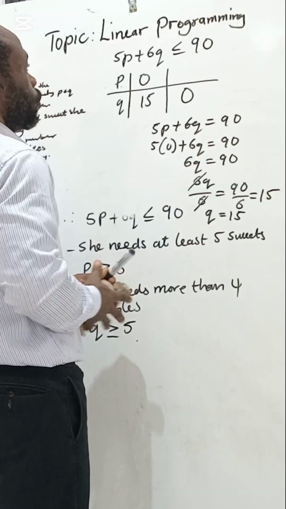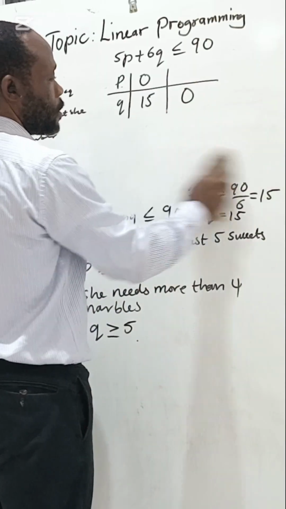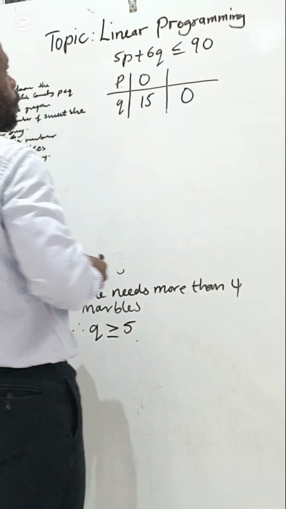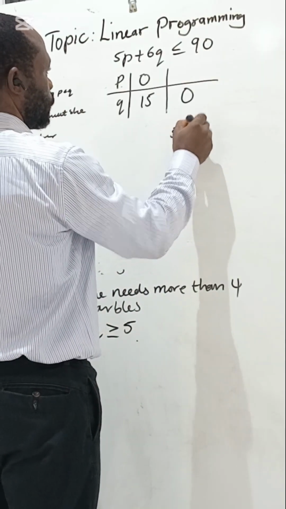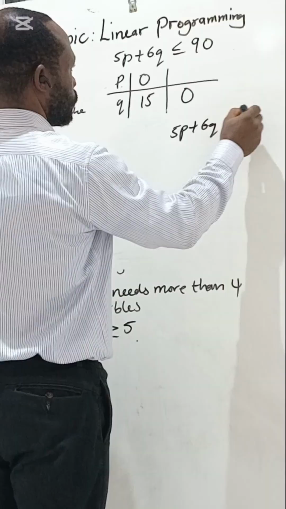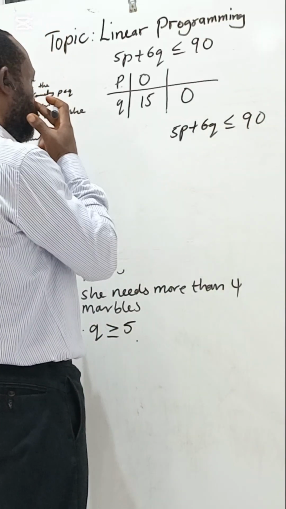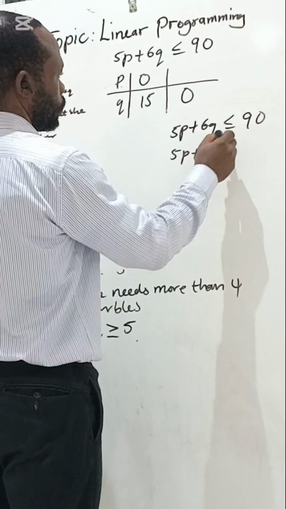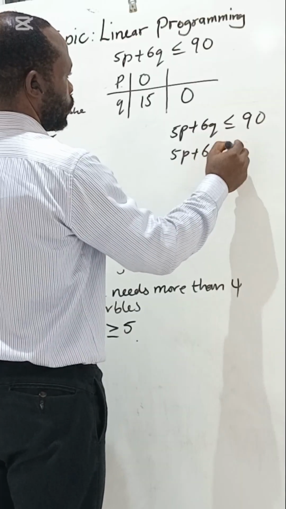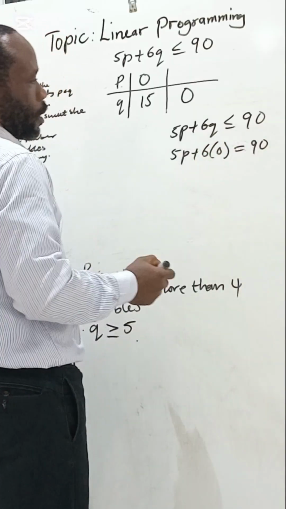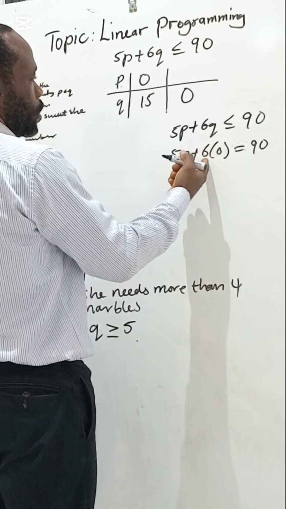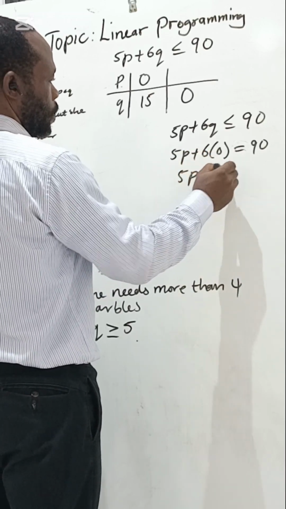At the point where q is 0, everything here will be 0. 6 times 0 is 0.